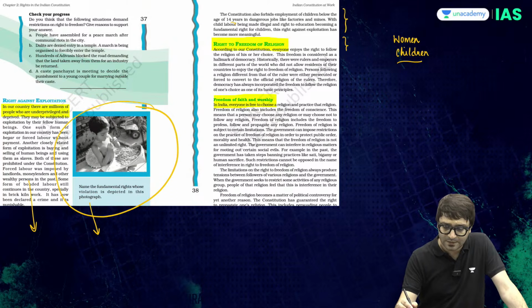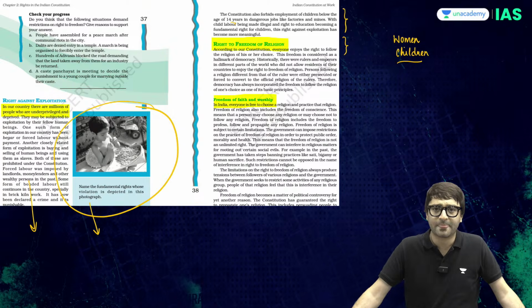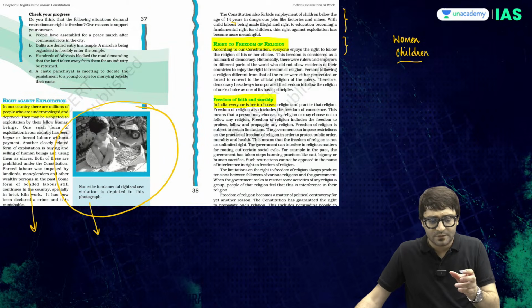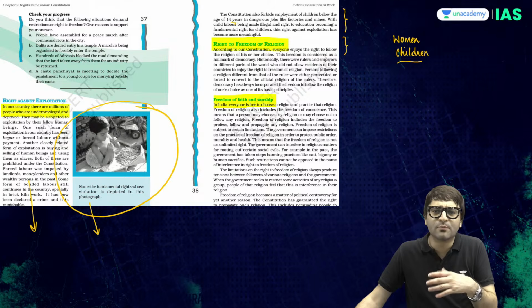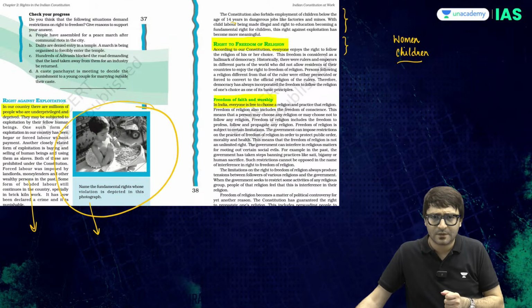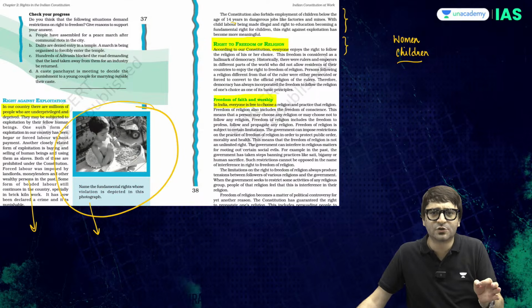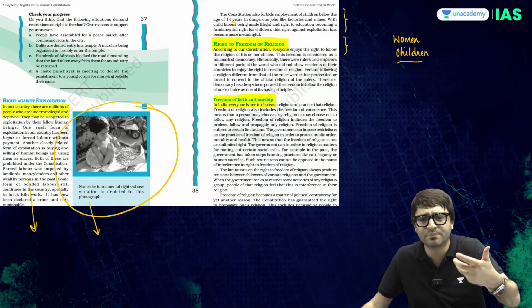Then, right to freedom of religion. Religion is an emotional issue, and the Constitution has allowed every single individual to freely profess your religion, practice your religion, propagate your religion.